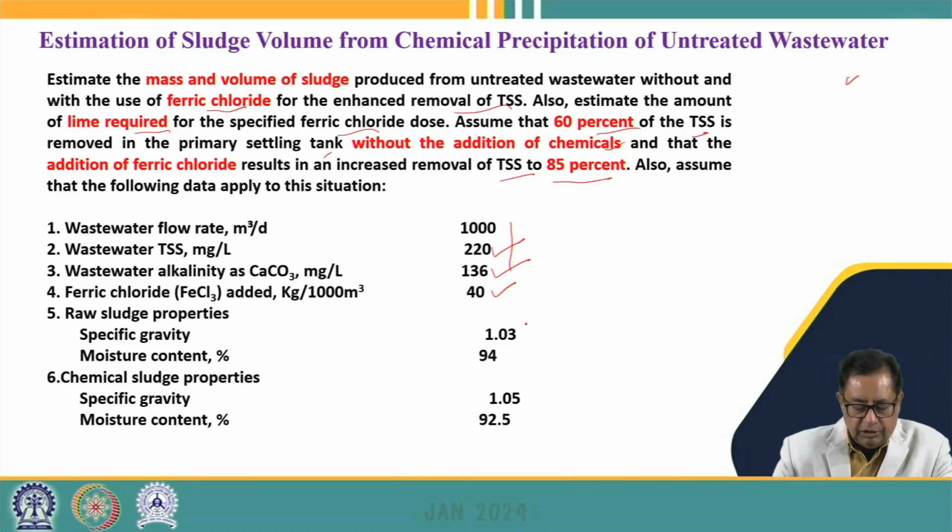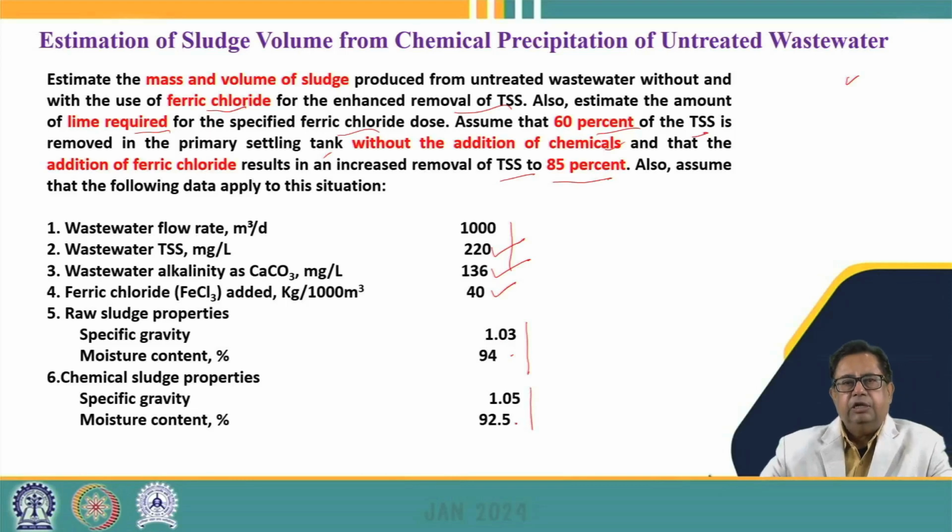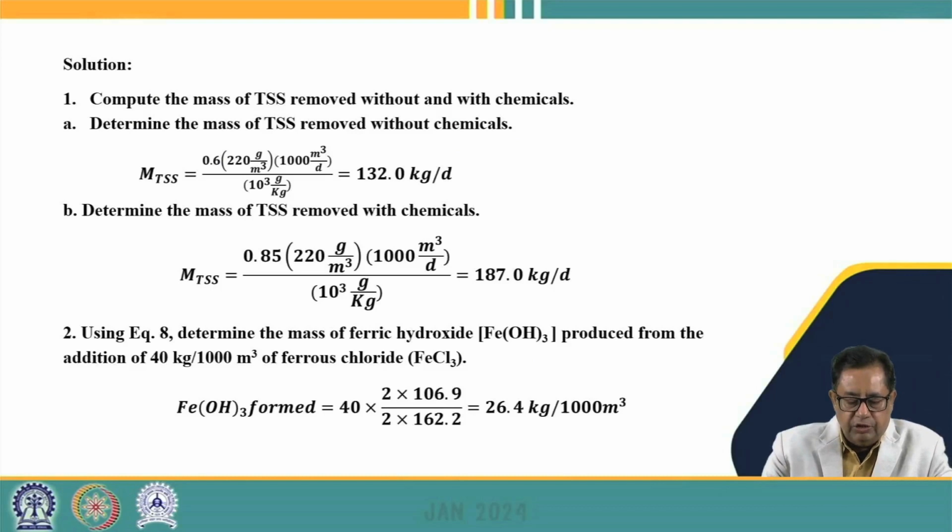Similarly, the raw sludge properties, that is when we are not adding any chemicals, are given to us, and when we are adding the chemicals, the properties of the sludge are also given to us. First of all, we compute the mass of the total suspended solids removed without and with chemicals.